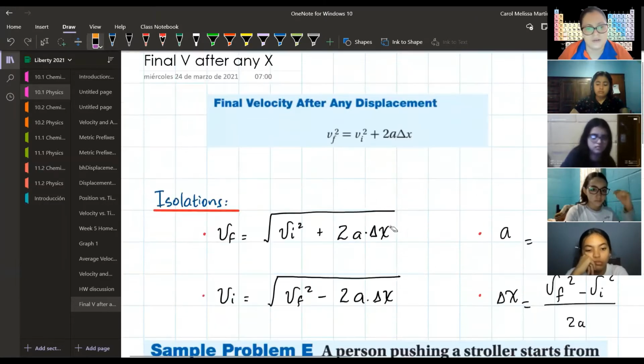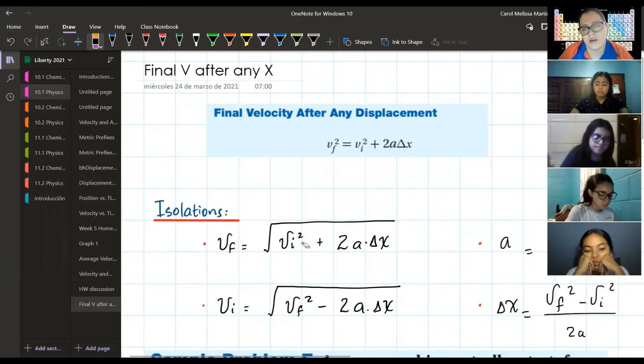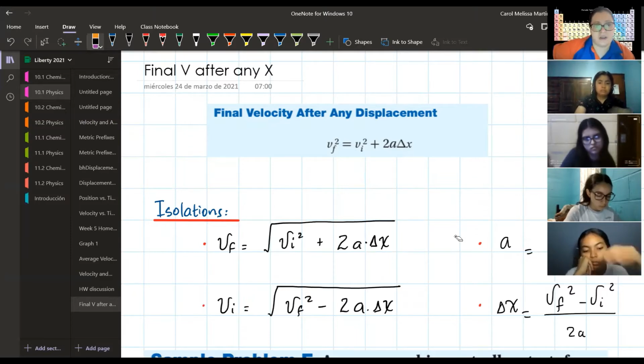Okay, so as you can see, in what kind of situations are we going to use these formulas? For example, when the word problem tells you about a final velocity, or the velocity after an object travels a certain distance. Okay?